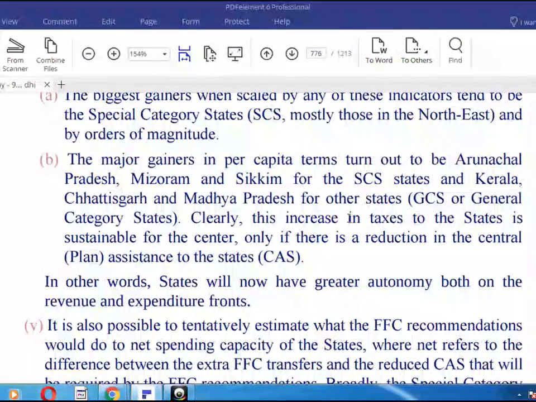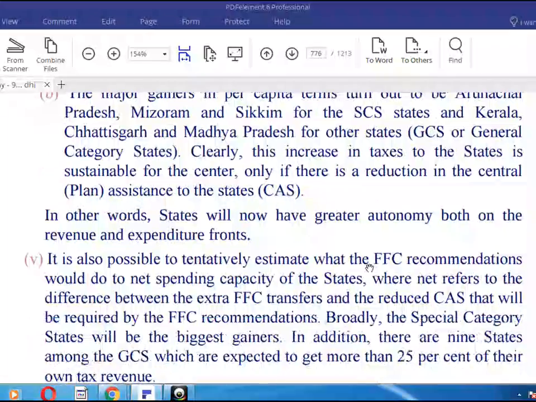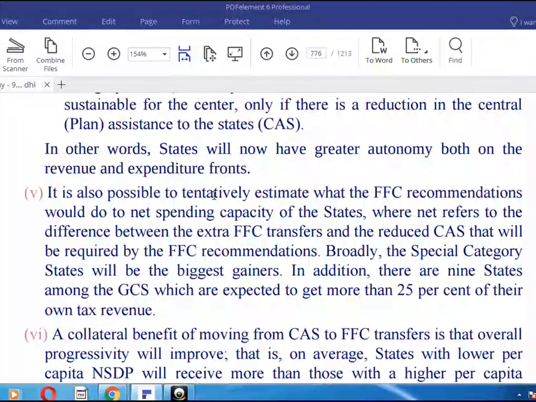Clearly, this increase in taxes to the states is sustainable for the center only if there is a reduction in the central plan assistance to the states. In other words, states will now have greater autonomy both on the revenue and expenditure fronts.